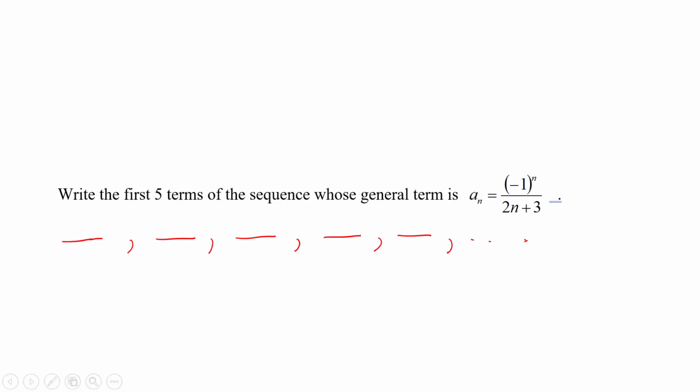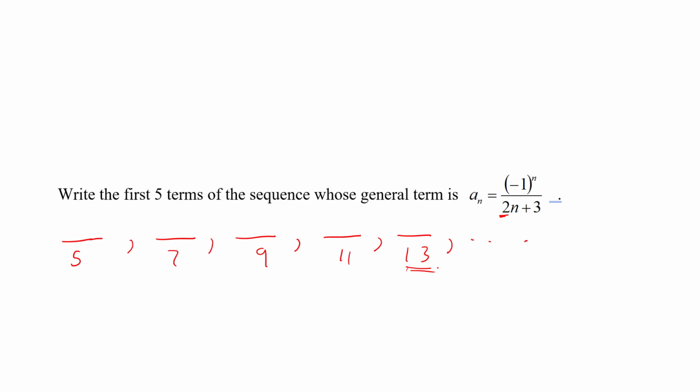On the bottom, we have 2n plus 3. So again, because of the 2n plus 3, you're going to go up by 2. So 2 times 1 is 2, plus 3 is 5. But then it'll be 7, 9, 11, and 13. 2 times 5 is 10, plus 3 is 13. We could get there that way too.